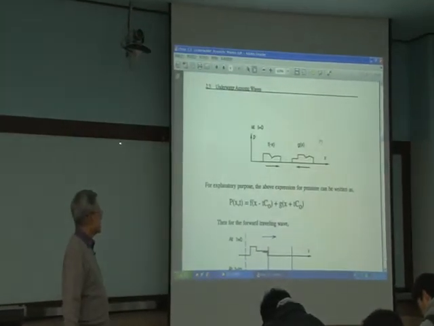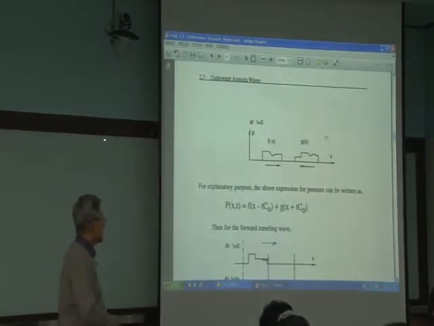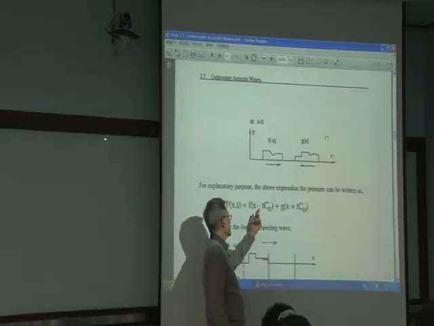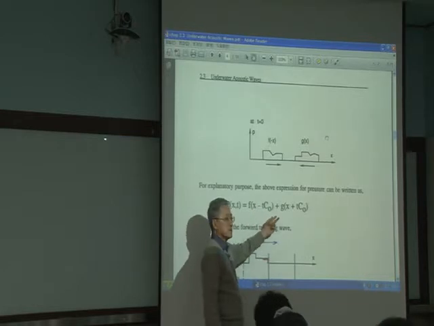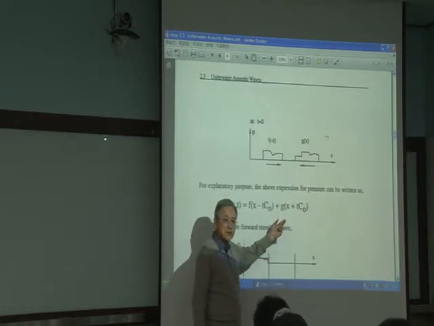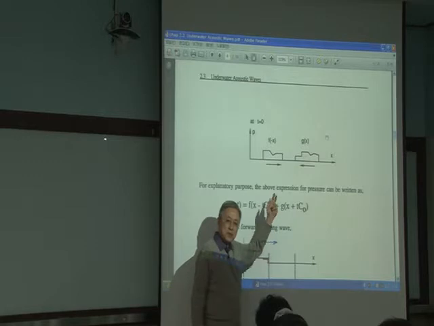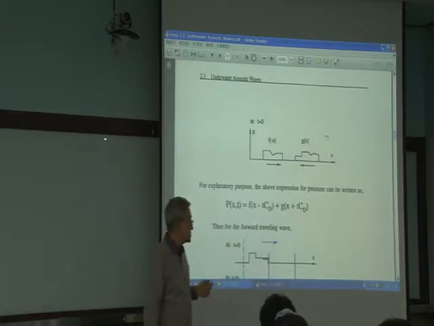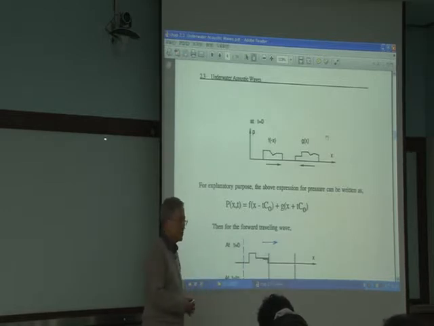Then I can say, how about just flipping these two terms? If x was here and t, c naught was here, I flip this. Is it okay or not? Then if you plug into the 1D wave equation, it satisfies. Okay, this is another good general solution.